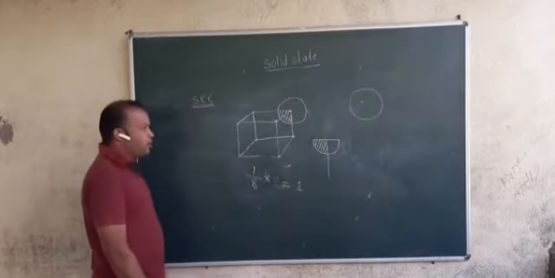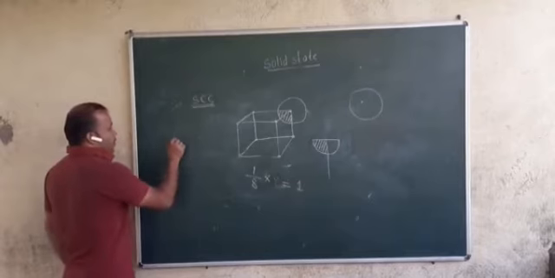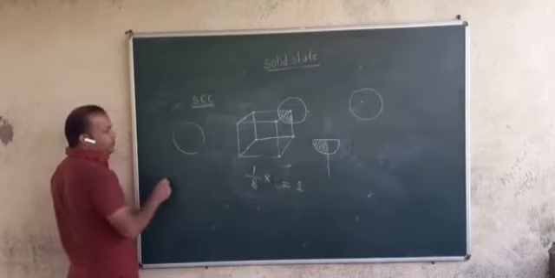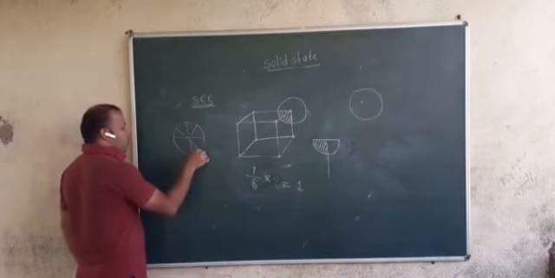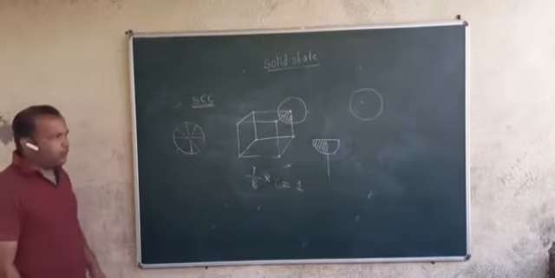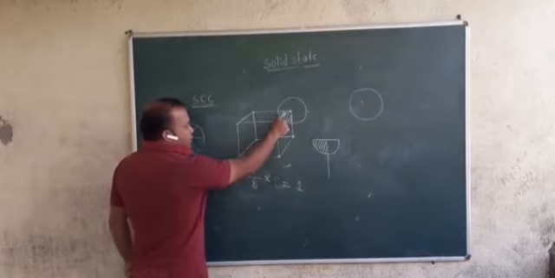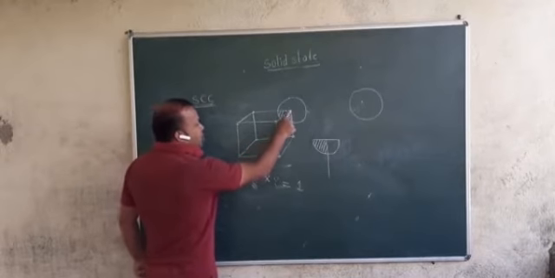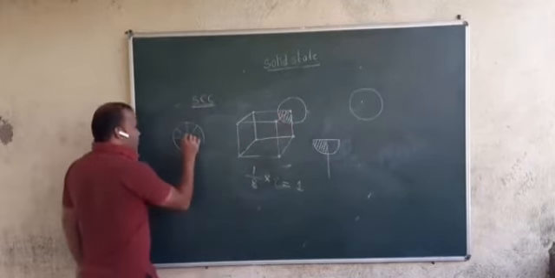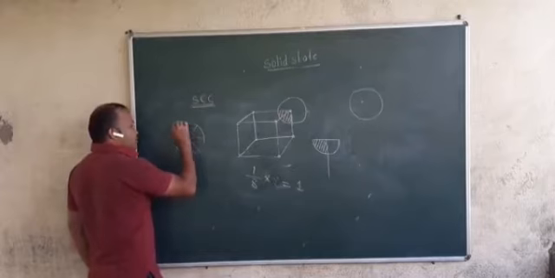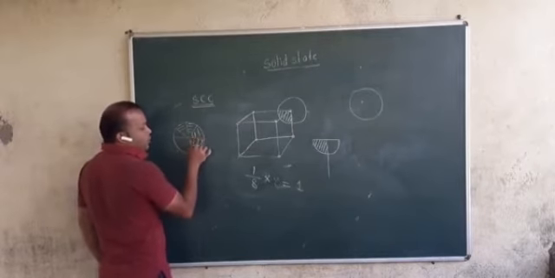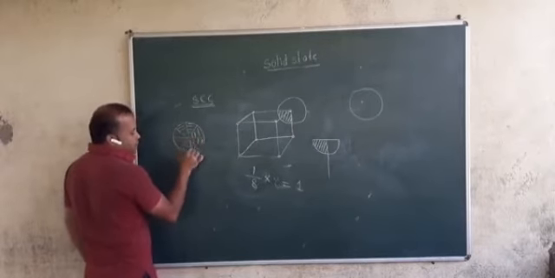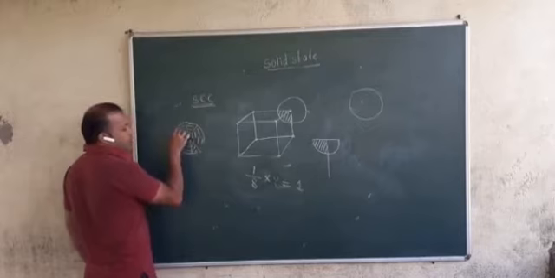That means what? If I draw a circle and make 8 parts of it, for this constituent particle only this much is occupied, means 1/8 for this, again 1/8 for the third one, fourth, fifth, sixth, seventh and eighth.